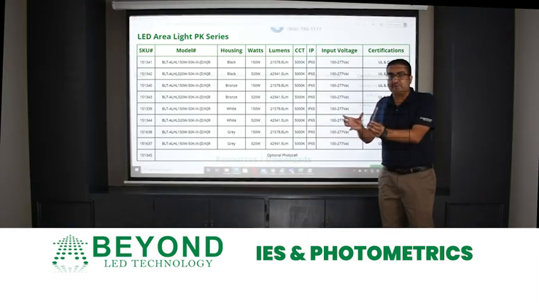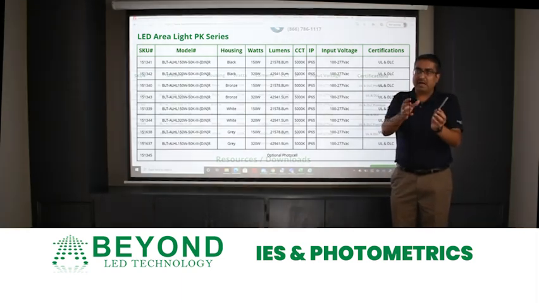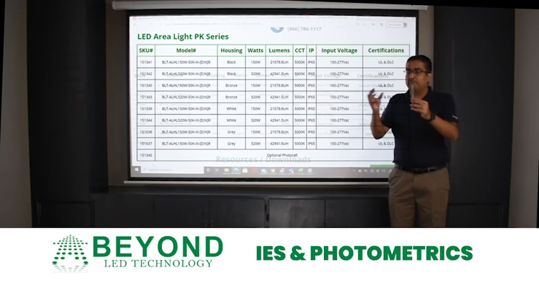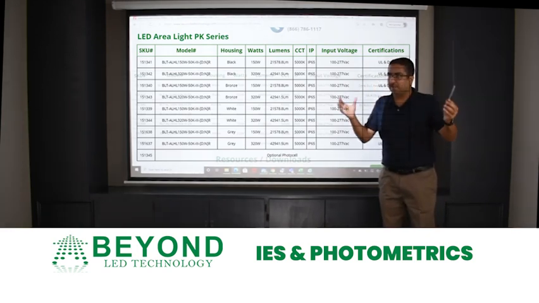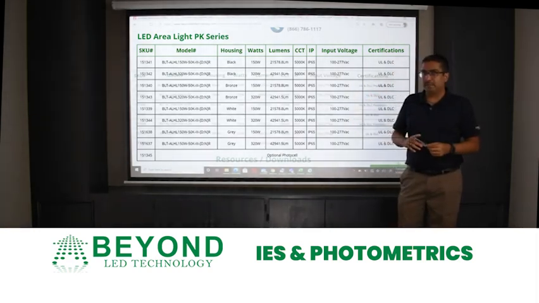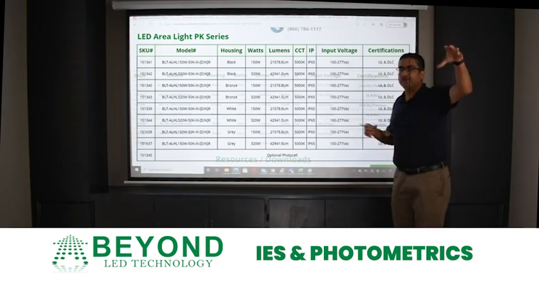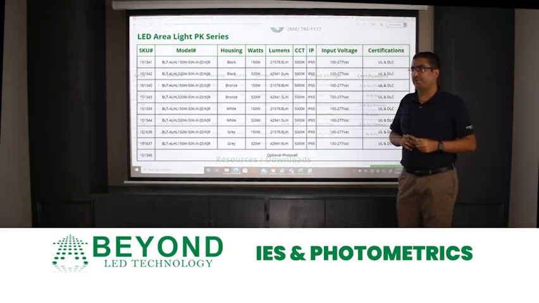The one software that we use is called Dialux. We insert the IES file into Dialux along with the blueprint of a warehouse, right? And it generates a photometric report which basically determines how many lights you need to light up this entire 100,000 square feet of warehouse.